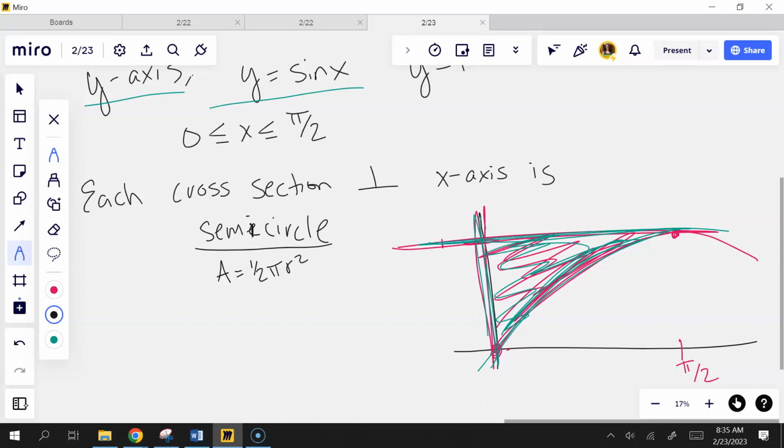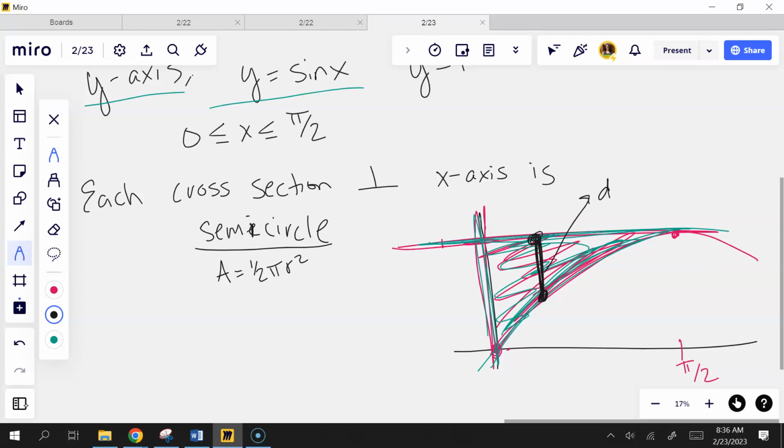Okay. Now, what's the area of my semicircle? So if this, that would be the what of the semicircle? That's the diameter of the semicircle. Are we all in agreement there?